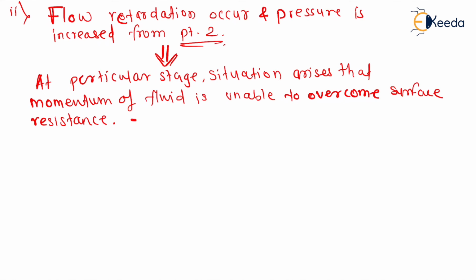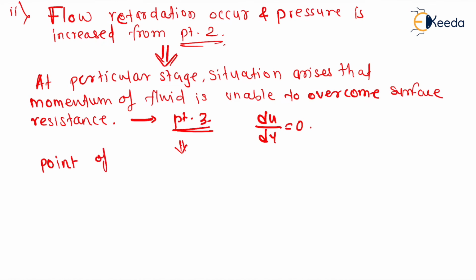So it occurs at point 3 where du upon dy is equal to 0. So this point is called the point of separation, and the boundary layer is on the verge of separation.